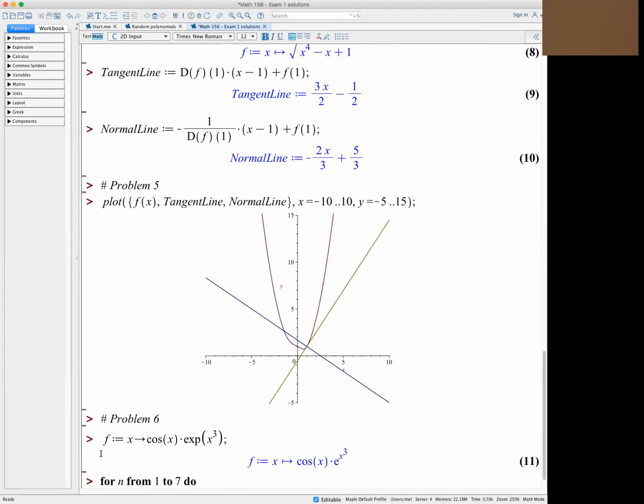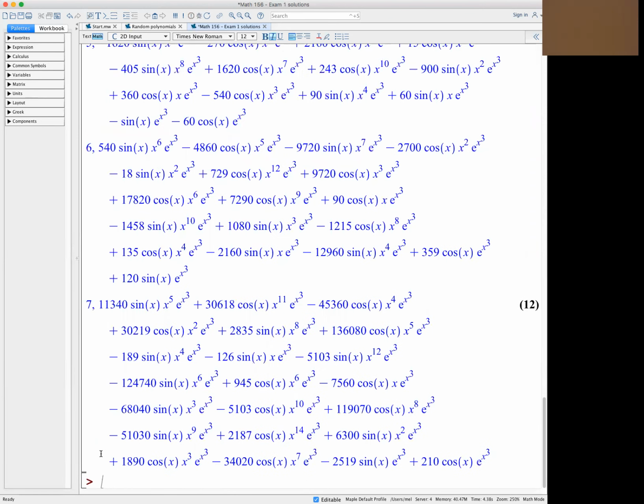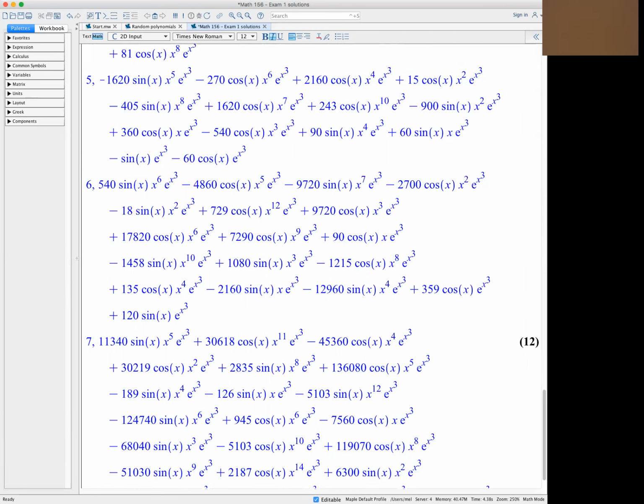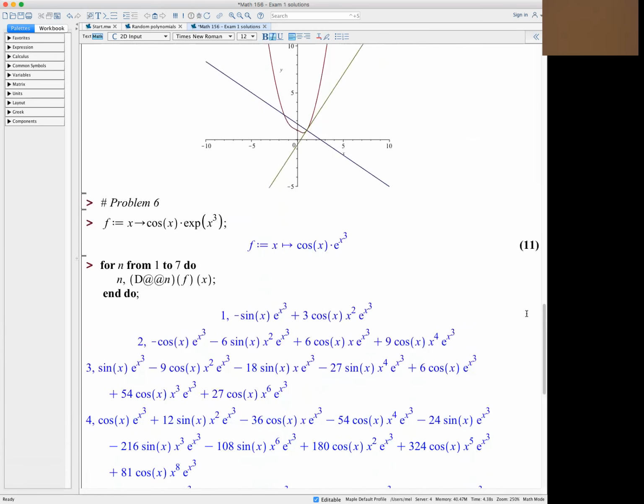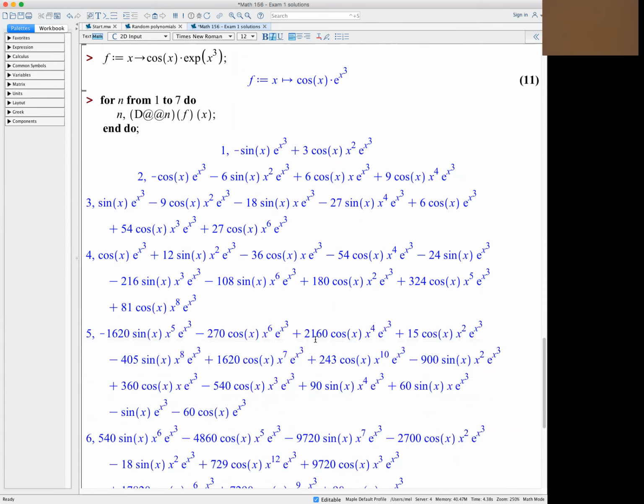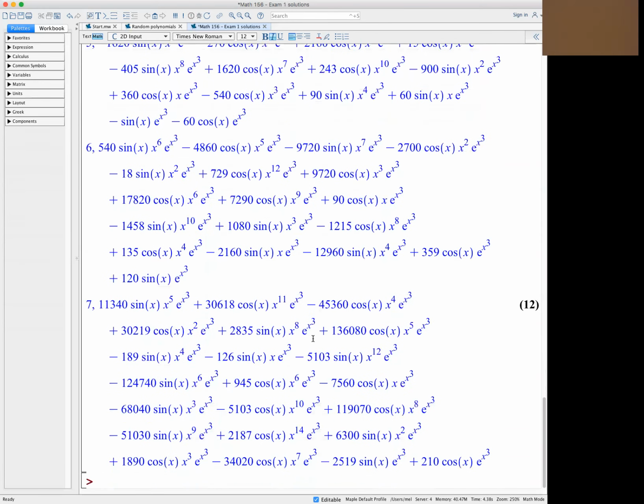That's my function. And now I've calculated the first 7 derivatives. First derivative is easy. You can do it in your head. It's minus the sine times the exponential plus 3x squared times the cosine times the exponential. But they get progressively more complicated. And by the time we've gotten up to the 7th derivative, you're probably glad you didn't have to do it by hand.